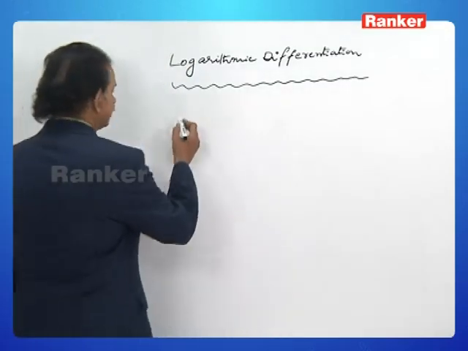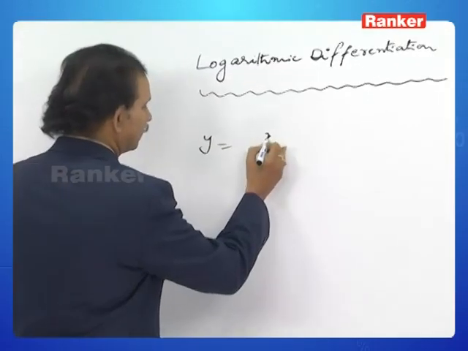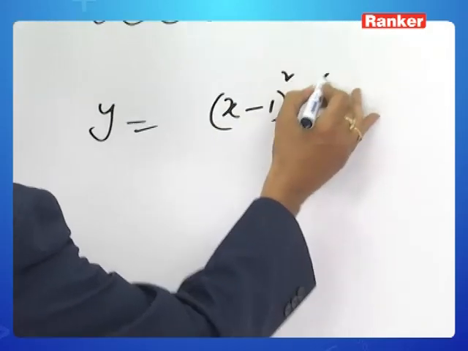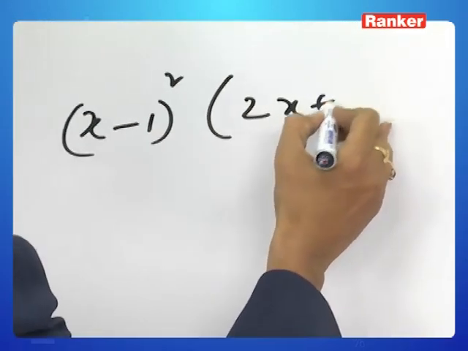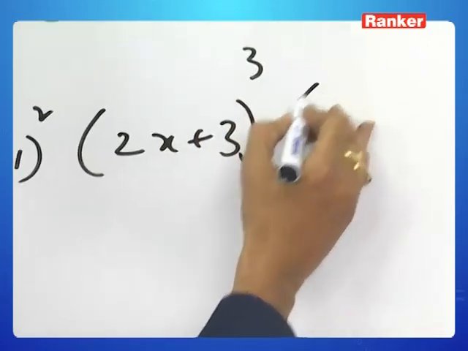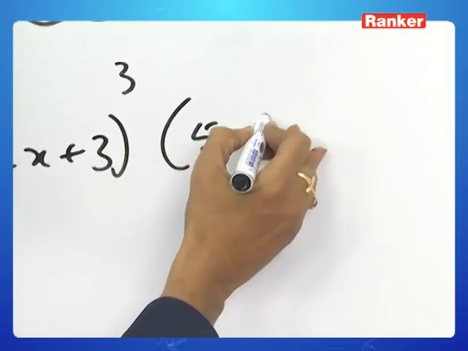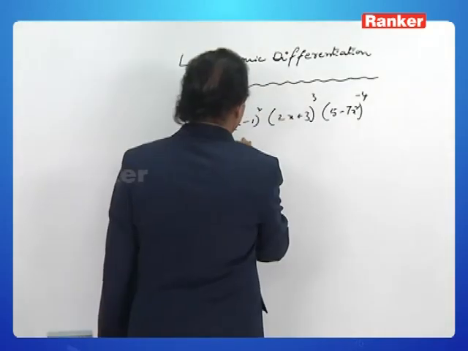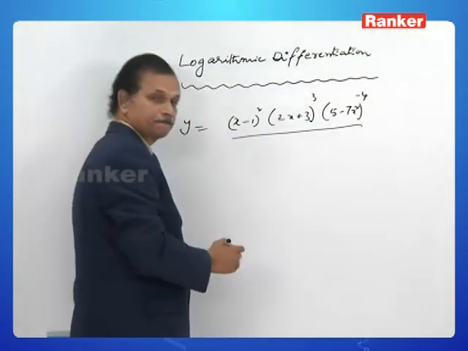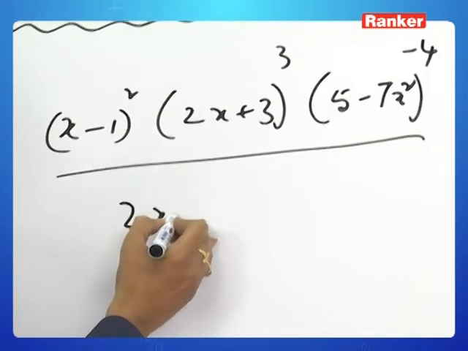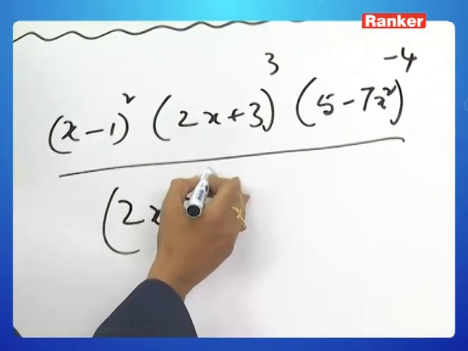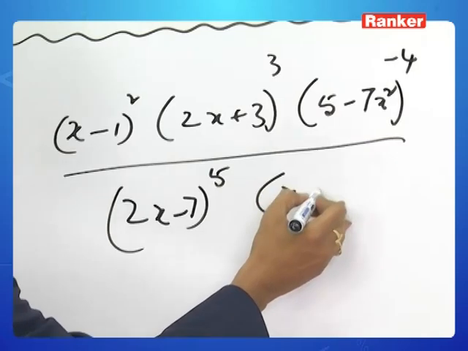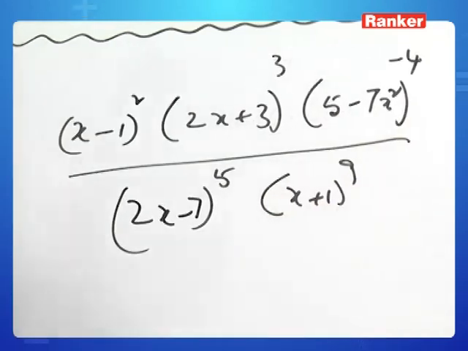As an example, observe this: y is equal to (x minus 1) whole square into (2x plus 3) whole cube into (5 minus 7x square) whole to the power of minus 4, by (2x minus 7) whole to the power of 5 into (x plus 1) whole to the power of 9.